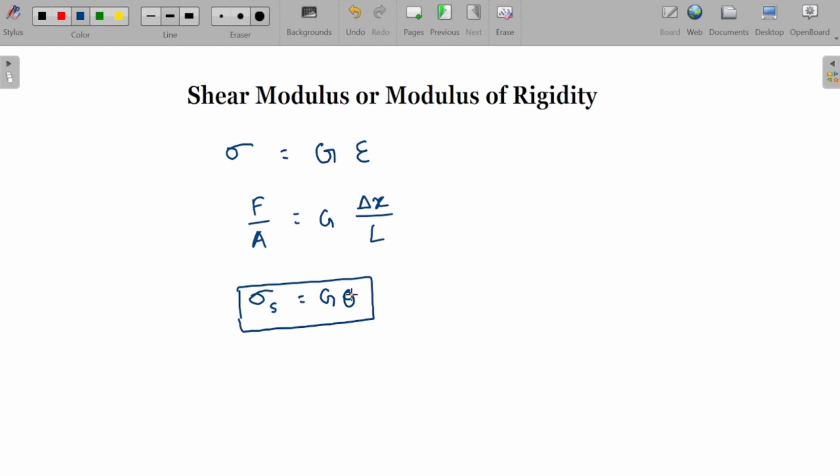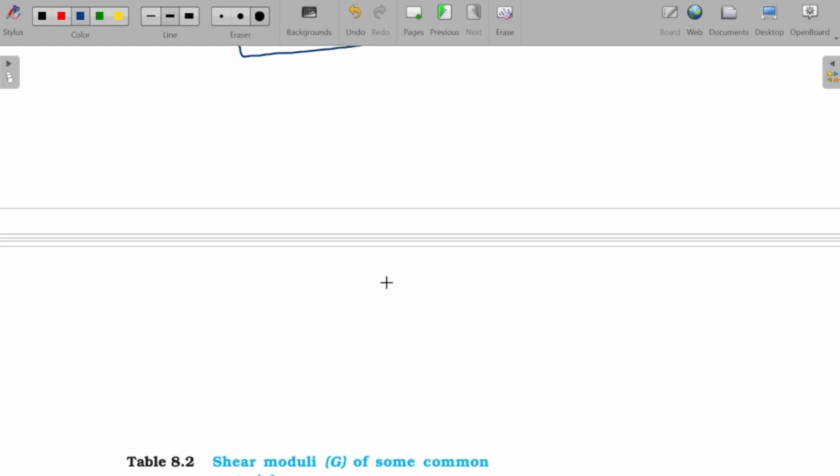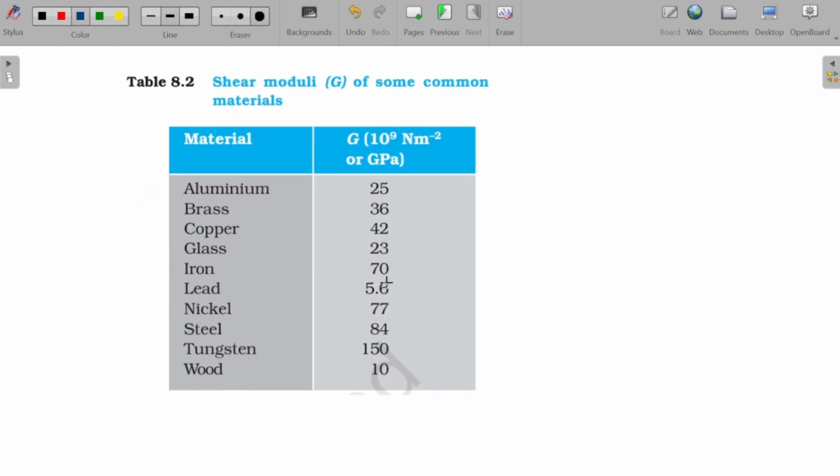Now we know this modulus of rigidity or shear modulus can be related to Young's modulus. We have discussed it by this term. We can arrive at this experimentally also by observing the values for different materials. Now let's take a table where we see the modulus of rigidity for various substances or materials.